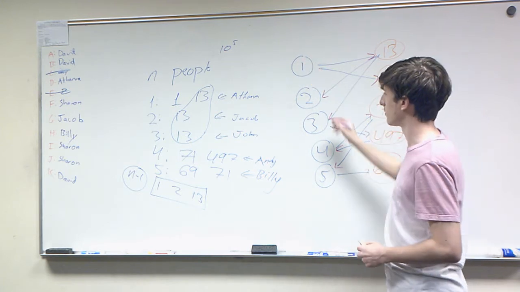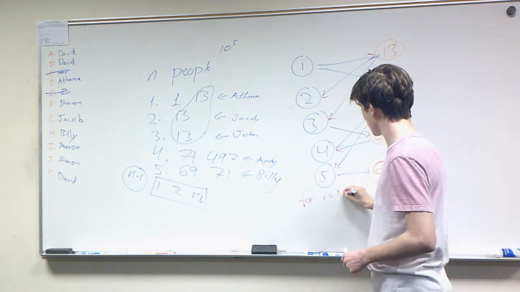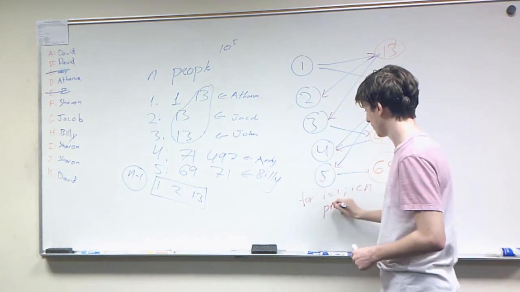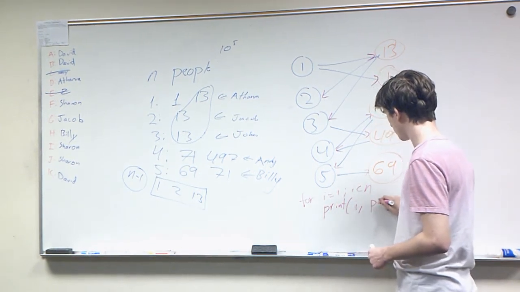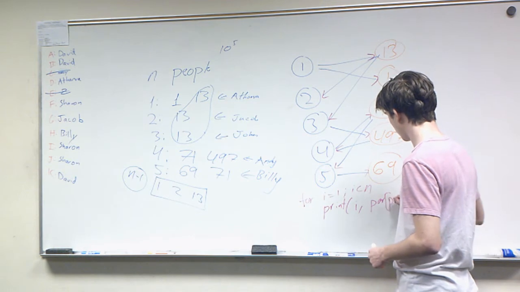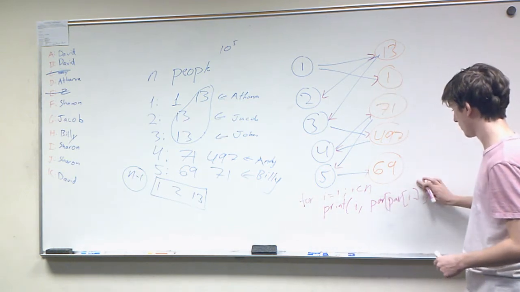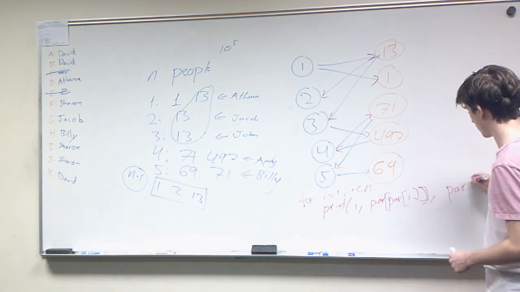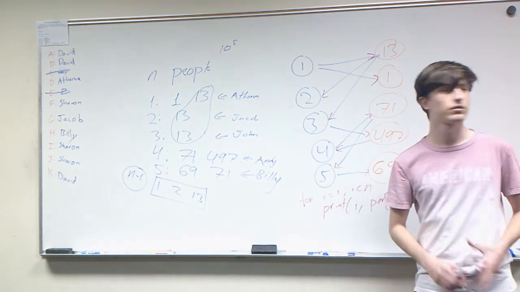So what we can do is print, for all these I, I, the parent of the parent of I, which will be a person, and we can print the parent of I, which will be the color that connects them. And that's the solution.